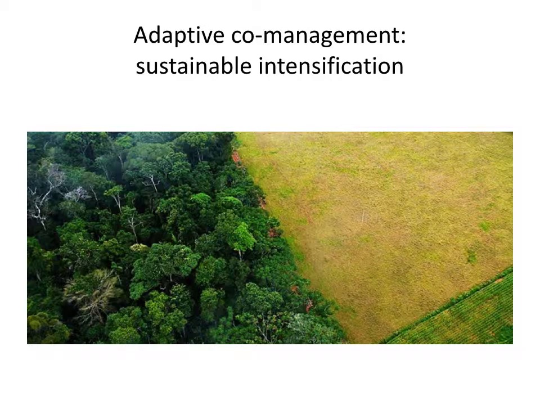Now, sustainable intensification offers a bit of an out from this vicious cycle. If crop yields can be intensified per land unit, then the demand for cleared land decreases.